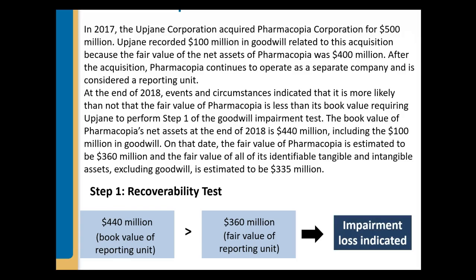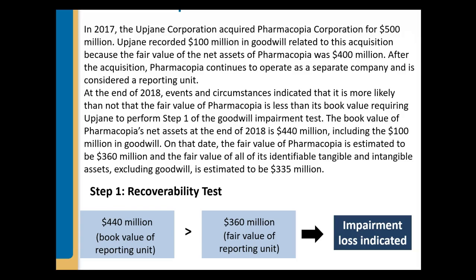After the acquisition, Pharmacopoeia continues to operate as a separate company and is considered a reporting unit. At the end of 2018, events and circumstances indicated that it is more likely than not that the fair value of Pharmacopoeia is less than its book value, requiring Upjohn to perform step 1 of the goodwill impairment test.